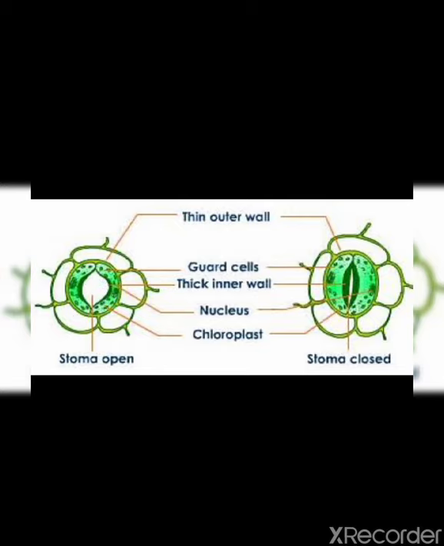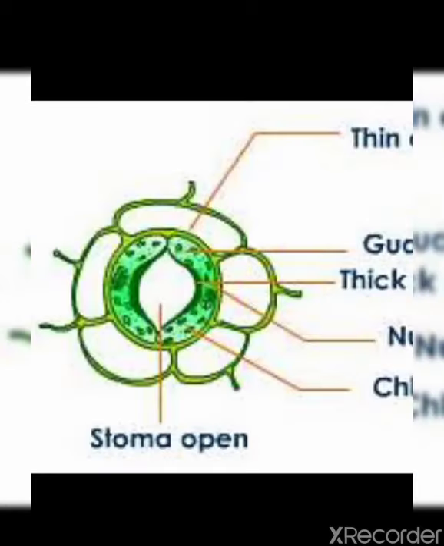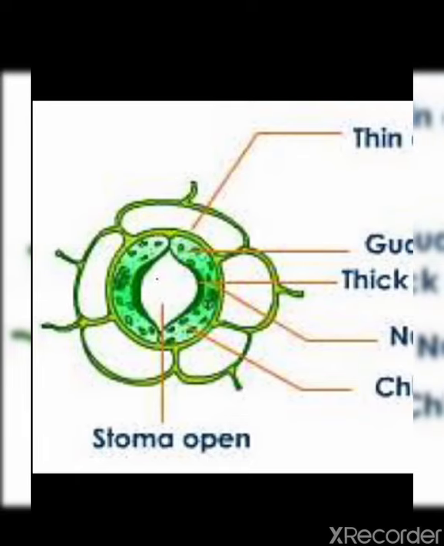Now the guard cells will be full of water and become turgid and bulge outwards due to their thin outer wall, and the aperture between the two will be widened and the stomata will open.